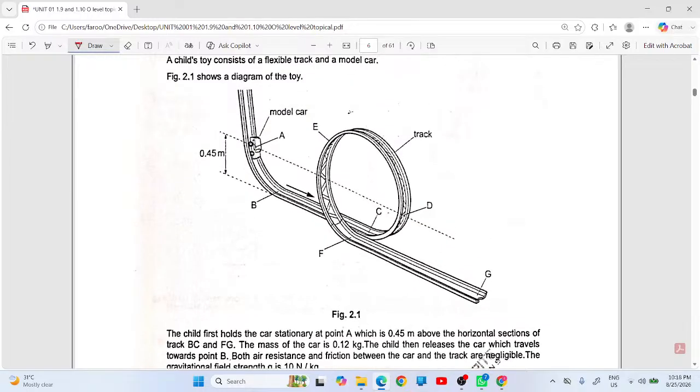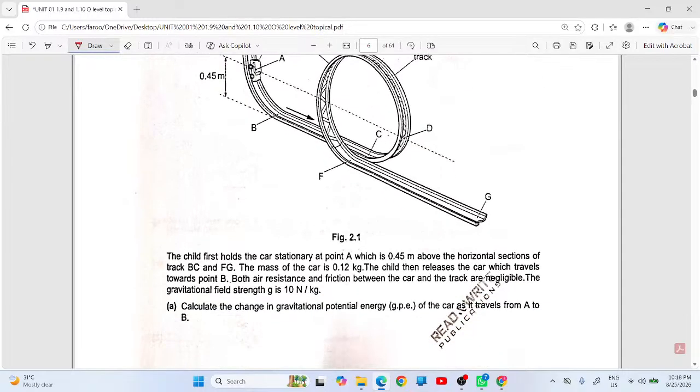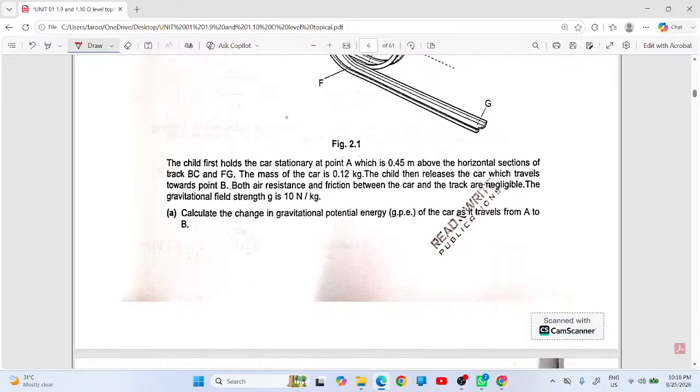A to B, you have to find the gravitational potential energy. The height is given, very simple, mgh. The change in potential energy equals mg times the height.